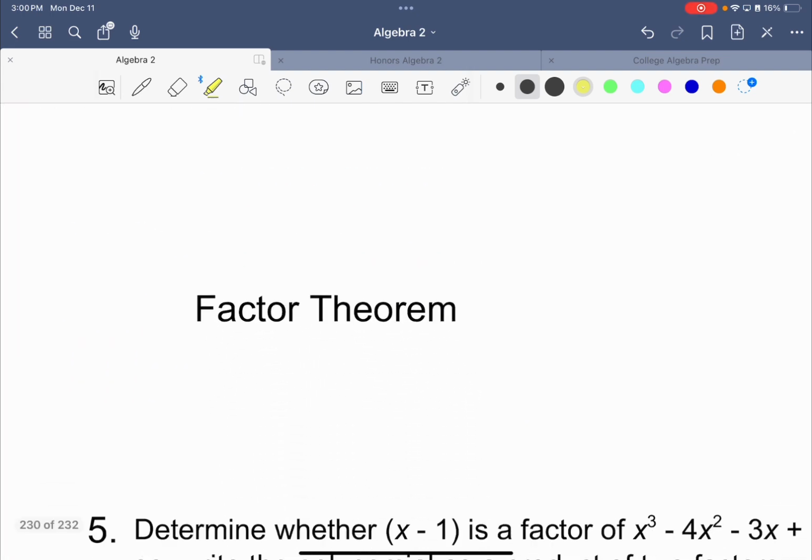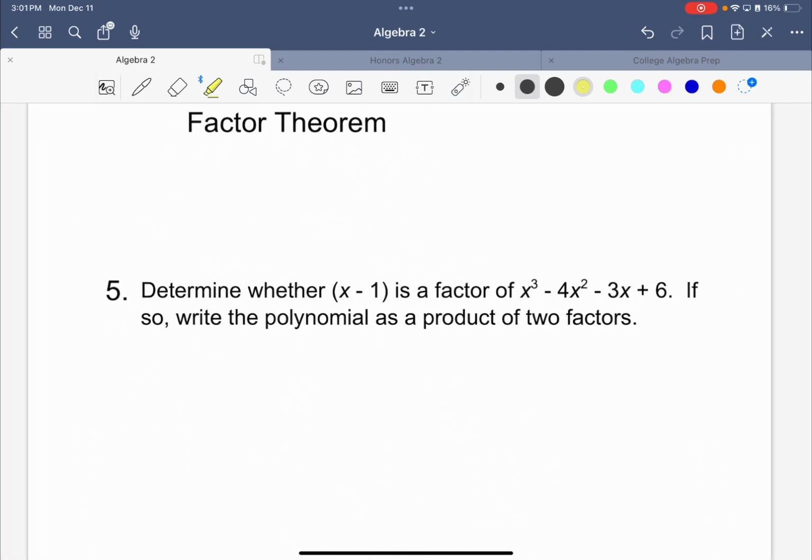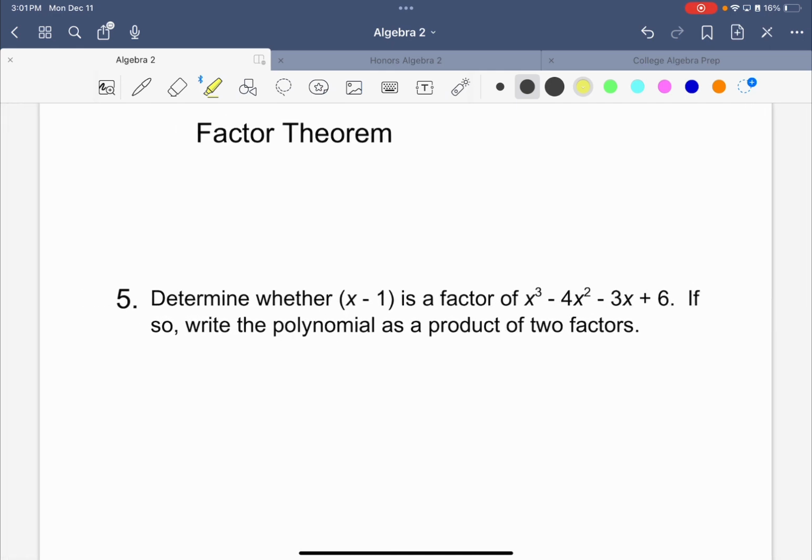All right, so the next thing we want to talk about is determining whether something is a factor of a polynomial. We've worked with factoring quadratics. We did the X method, we said factor this. Well, we can factor polynomials as well. And we can use synthetic division to determine if something is a factor of a polynomial or not.